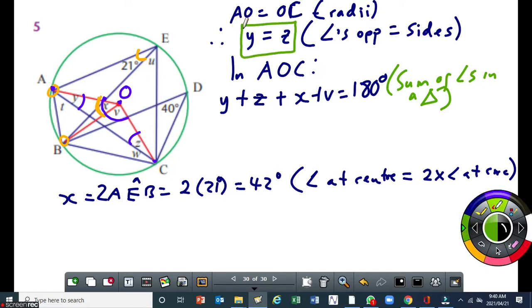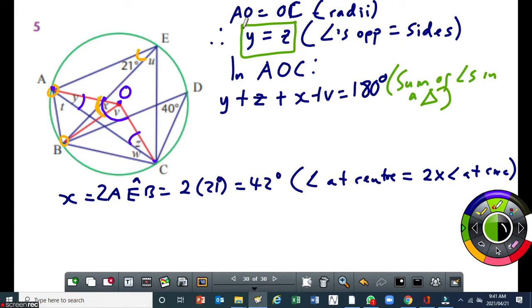Y is equal to z, which means where there is z, I can put y. Where there is y, I can put z.